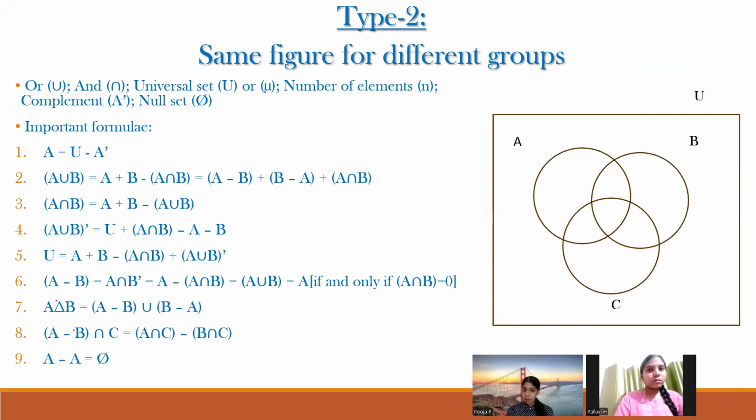So what do we mean by A symmetric difference B? All those which belong to A and do not belong to B, at the same time, all those which belong to B and do not belong to A. That is nothing but A difference B and B difference A both.